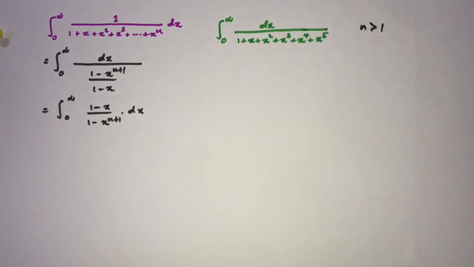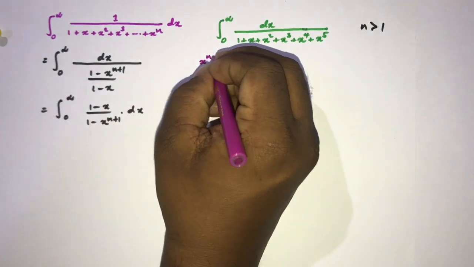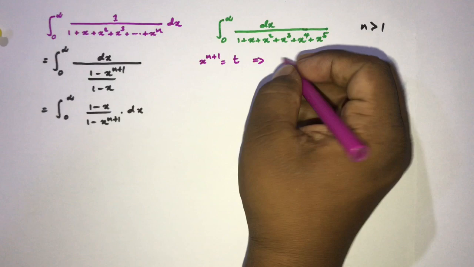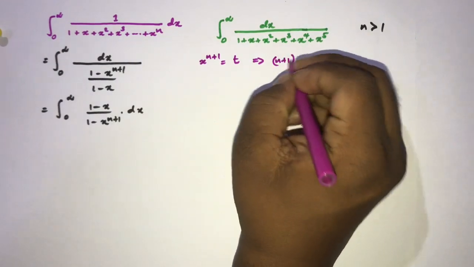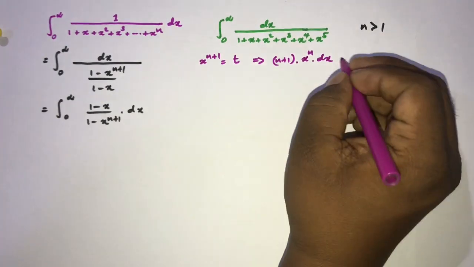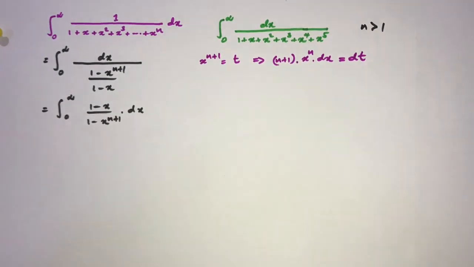Then I am going to take a substitution. If we take x to the n plus 1 equal to t, then differentiating, n plus 1 times x to the n dx is equal to dt.